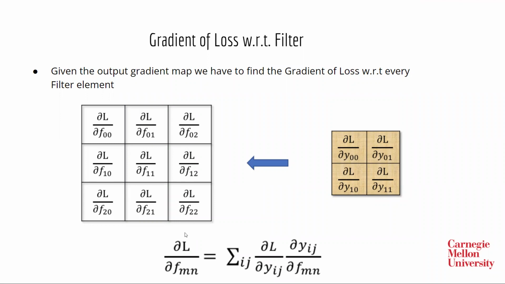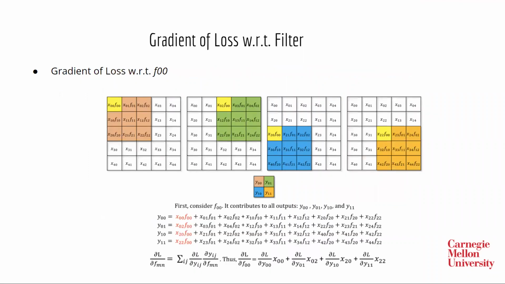Now let's have a look at how this actually scales to the equations. Let's say, for example, we want to find the gradient of loss with respect to F00. In order to do that, we need to see which outputs are affected by F00. These are the equations that we have. So you see that all 4 outputs are going to be affected by F00.